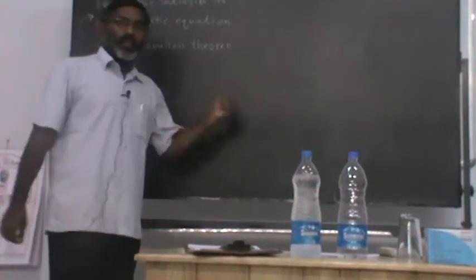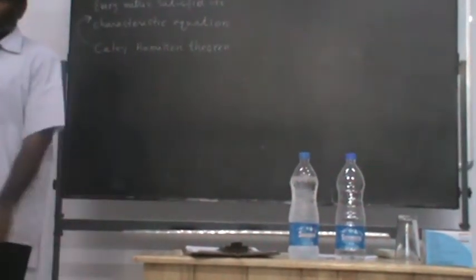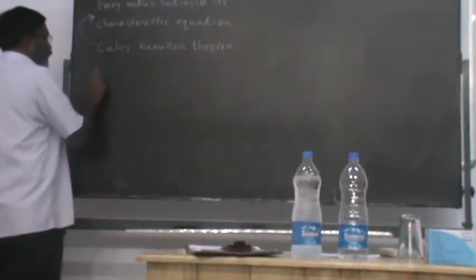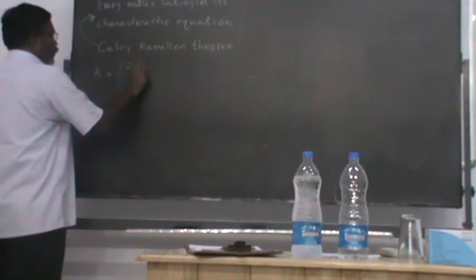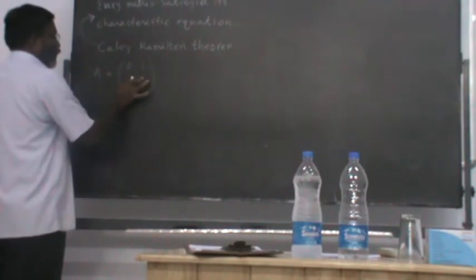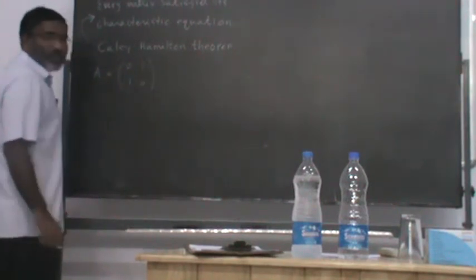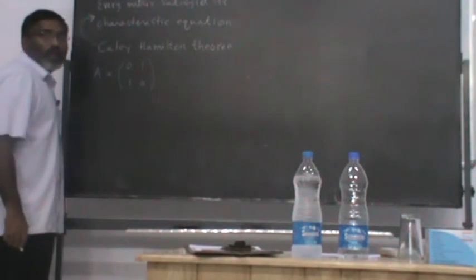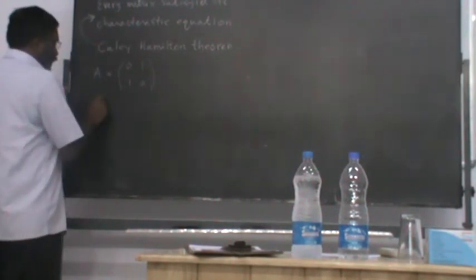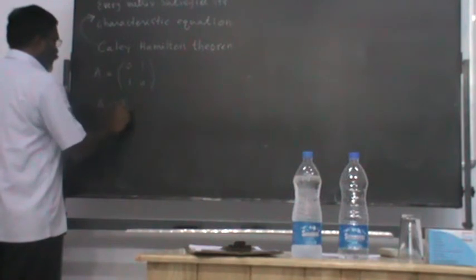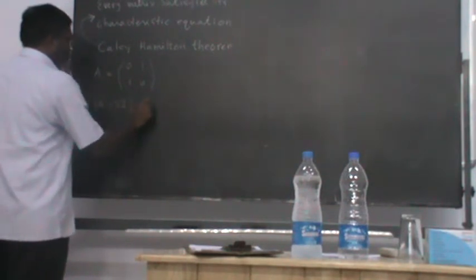Now, the problem which I gave just now is related to the problem which we did earlier. I have a matrix A which is equal to 0, 1, 1, 0. What are the eigenvalues of this matrix? For the eigenvalues, I must write determinant of A minus lambda I is equal to 0.